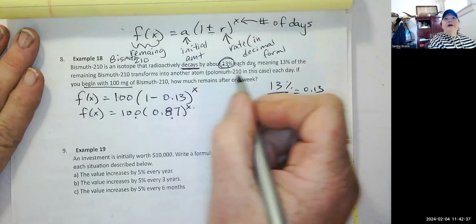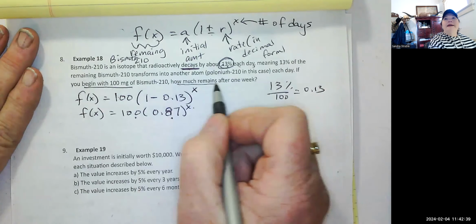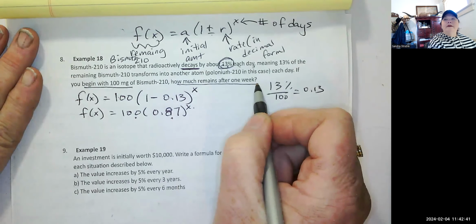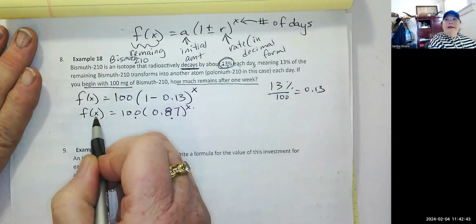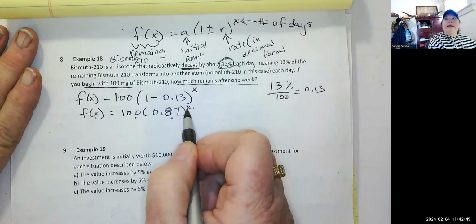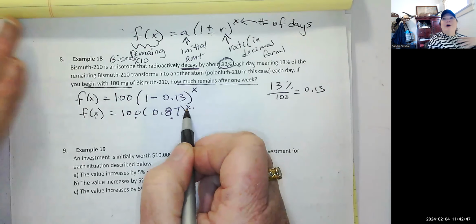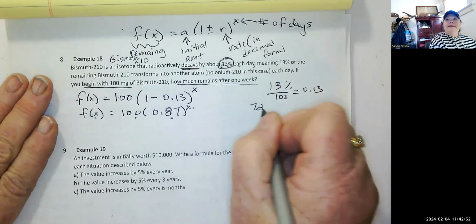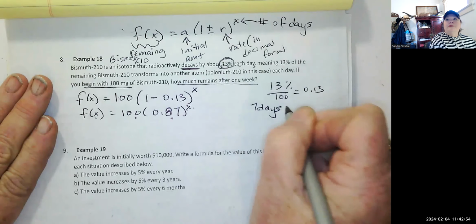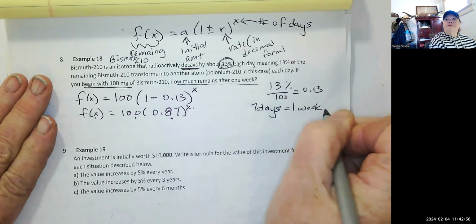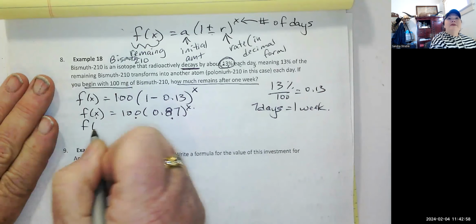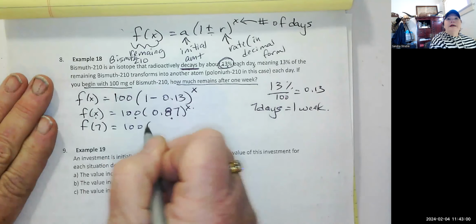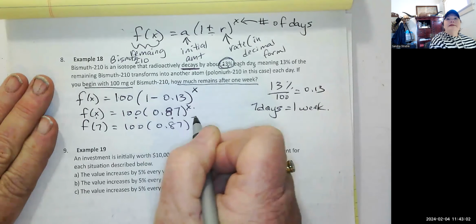And they're wanting us to know how much remains after 1 week. So we're not going to plug a 1 in here because it's decaying per day. So I need to know how many days are in a week. And I know that 7 days is equal to 1 week. All right. So f of 7 is 100 times 0.87 to the 7.